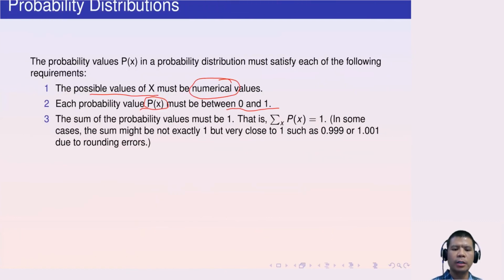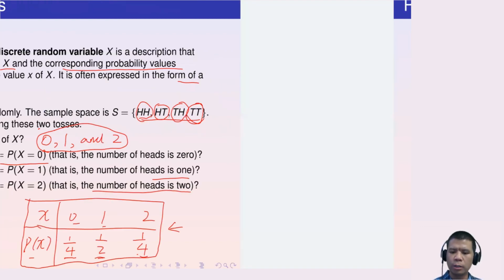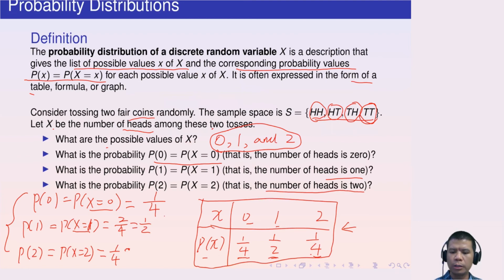And finally, the sum of the probabilities must be 1. In some cases, the sum might not be exactly 1, but very close to 1, such as 0.99 or 1.001, due to rounding error. For instance, 1 over 4 plus 1/2 plus 1 over 4 is exactly 1. The total probability must be 1.